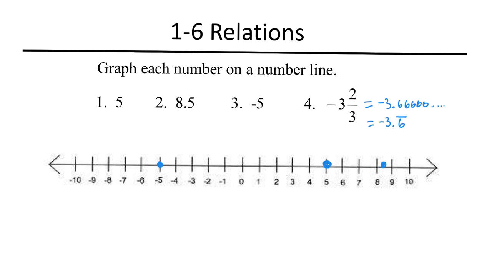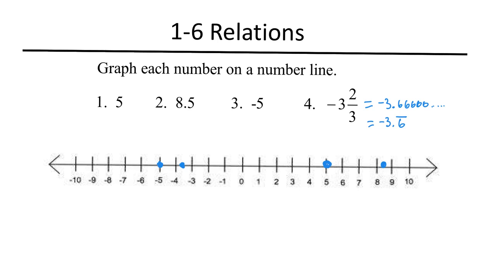So that's close to negative 4. What I do is, from 0, I go to the negative 3, and I go a little bit more out, close to the negative 4, because we have a 0.6 for that number. So I'm going to put a point between negative 3 and negative 4.